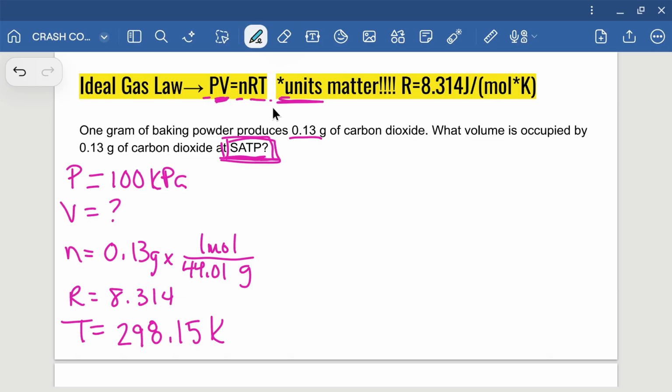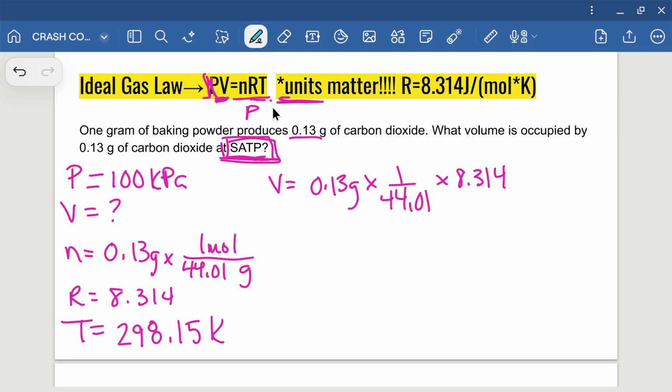So now that we have all of that, we want to isolate the volume, so we're going to divide the P to the other side. So volume will equal your moles times R times T divided by P. So let's go ahead and write that in. I didn't actually have a calculation there, so I'm just going to write out the work for this. So grams times 1 over 44.01. So that would be the N. Then I need to multiply this by the 8.314.